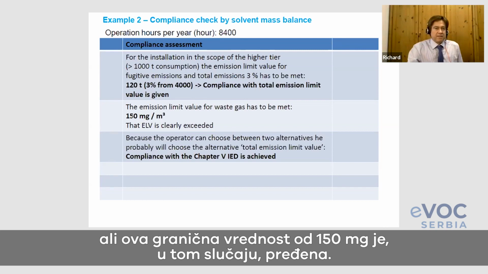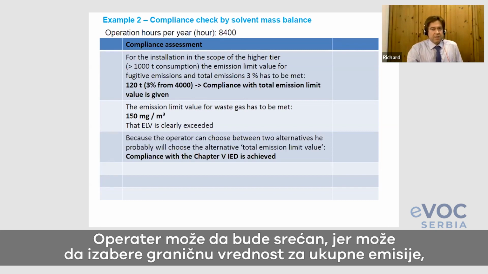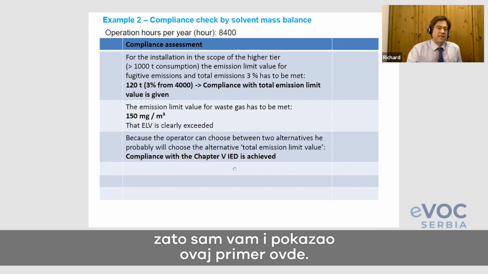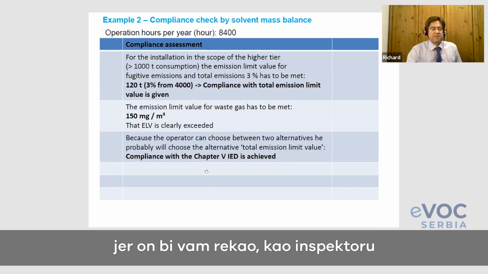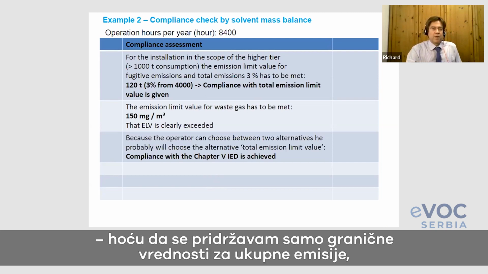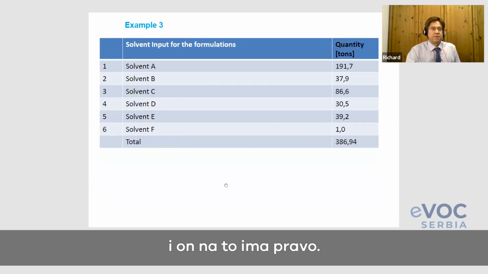But the operator can be happy because he can choose the total emission limit value. That's the reason I have shown you this example. So this 150 milligram is not relevant for him, because he will tell the authority, I want to comply only with the total emission limit value, and that's possible for him.